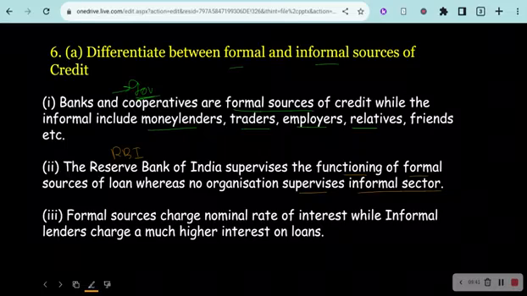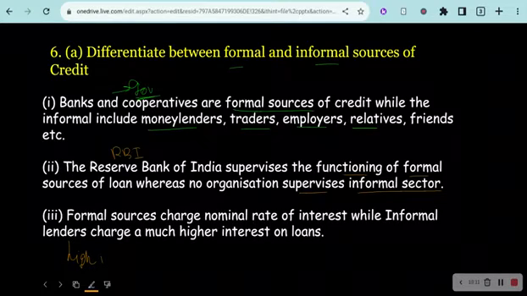Now, formal sources charge nominal rate of interest while informal lenders charge a much higher interest on loans. Now, for example, if you remember in the story of village Palampur in ninth grade you studied, the farmers who do not have land and everything, they go to the rich people and money lenders to give them money as a loan. So they charge high interest, correct?